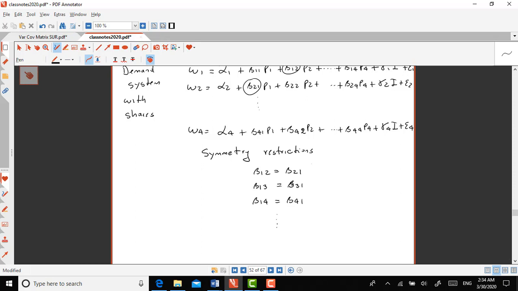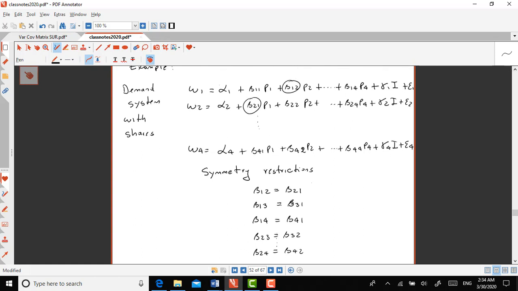Now for the second good, it's going to be 3, 2 equal to 2, 3 and 2, 4 equal to 4, 2. So you see how these coefficients are related across equations, because those effects are constrained to be equal across these different equations.